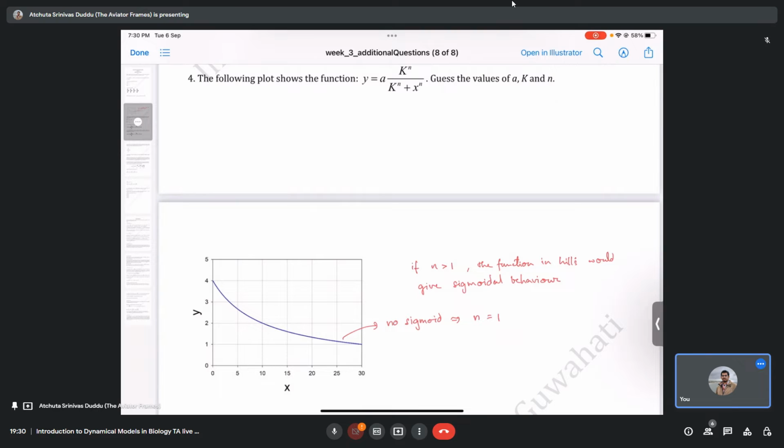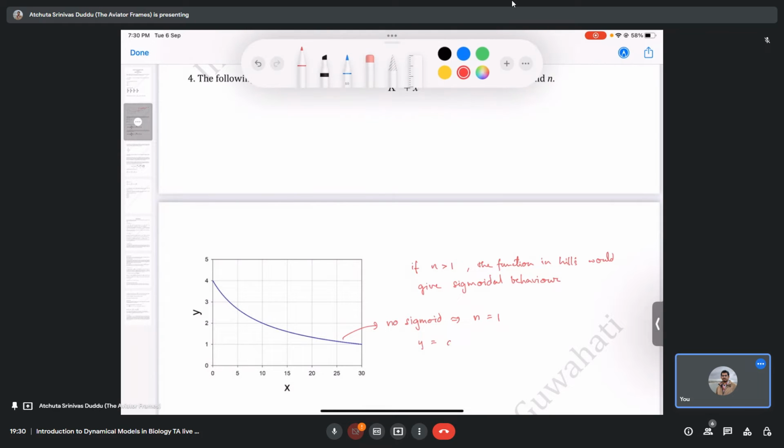Now, after saying that n equal to 1, we'll have a new equation as y equal to a into k by k plus x, right? Now we can just see what is happening at different values of x. So y at x equal to 0 would be a, right?